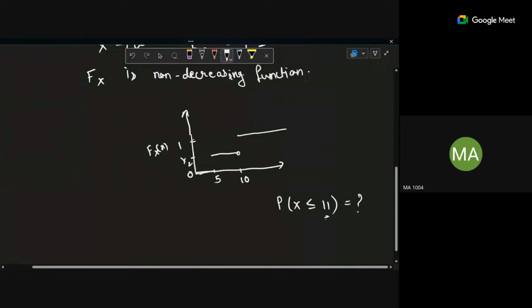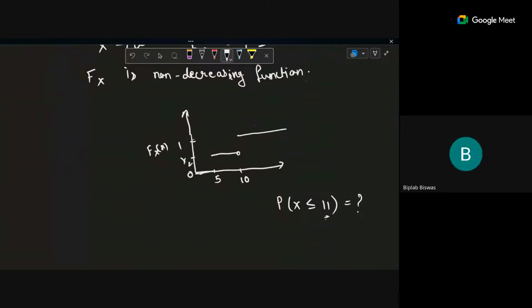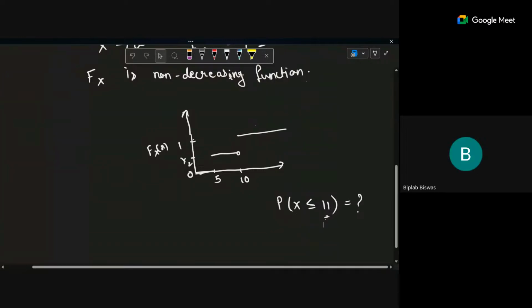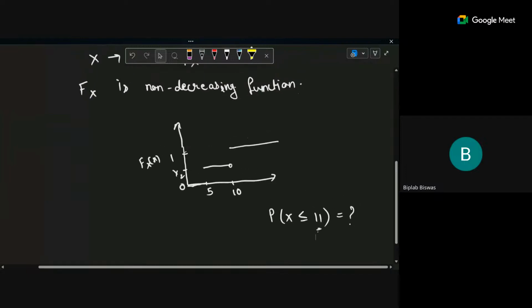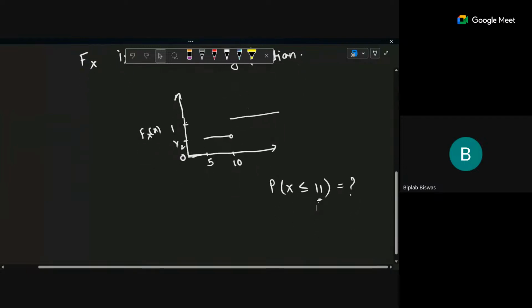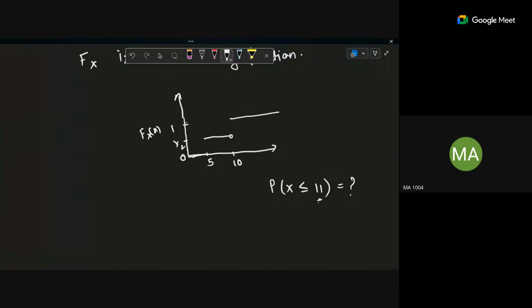Ma'am, for a continuous random variable, this CDF will always be continuous, no? There is a jump in the graph that you have drawn. Yes, that is for a discrete random variable. I am just introducing the cumulative distribution function. The CDF for a continuous random variable will always be continuous.